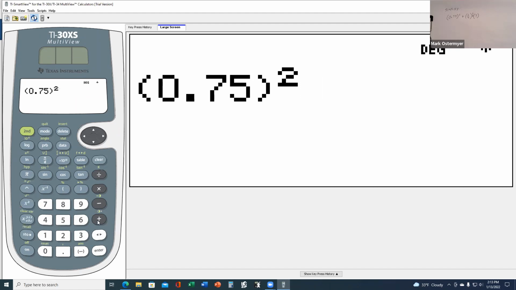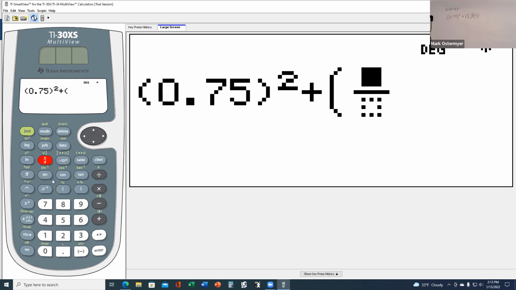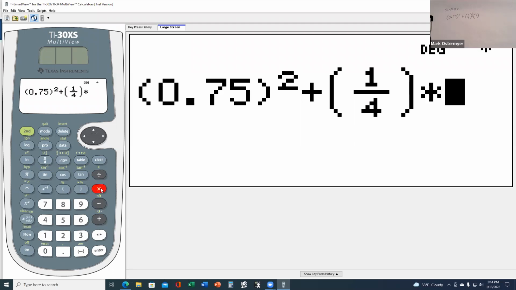Plus, open parenthesis, 1/4. You got to get your fraction template. 1/4. And then a closed parenthesis times 7. And you don't even have to put the 7 inside parentheses. You can if you want, but it's not really necessary. And that's it. That is typed in all on one line. And then when you hit enter, you should have it.